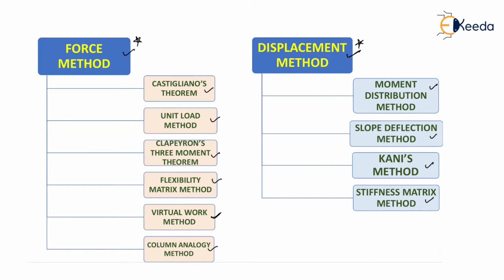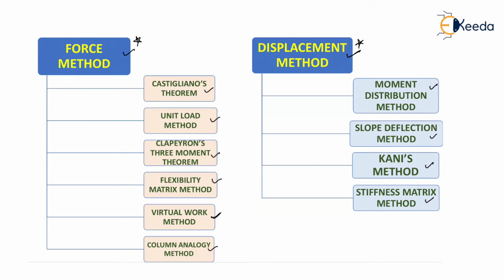Similarly slope deflection method also gives moments and forces, so they think they are force methods. But we don't need to consider here what we are finding with that method. We just want to see which type of component, force component or displacement component, is used as the basic unknown for deriving that method.